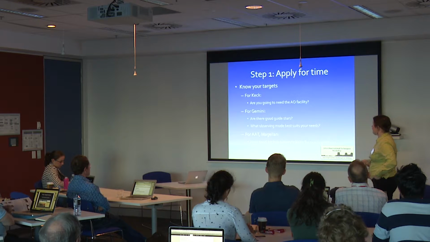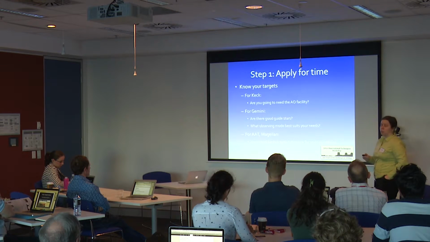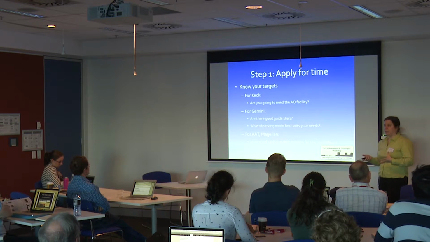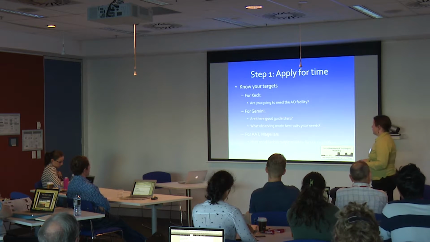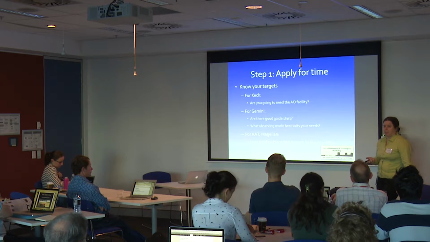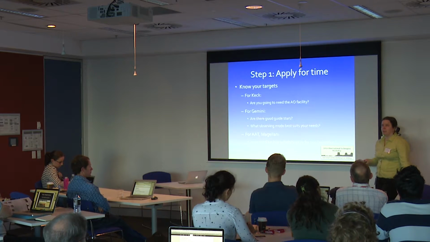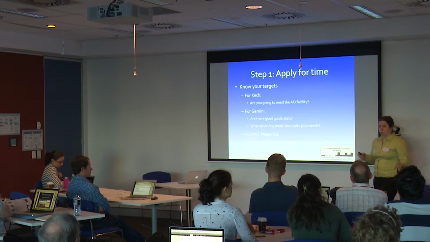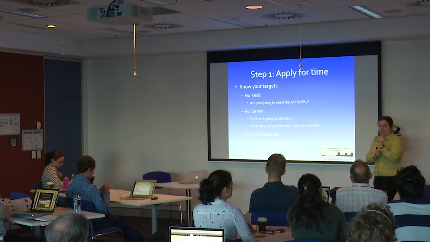And of course, your targets and what you need from your targets are going to be really different for different telescopes. So for Keck, for example, if you need to access the adaptive optics, this is a different process than if you're not accessing the adaptive optics. Keck has the cool laser beams that shoot out of the domes, and you can make an artificial star.